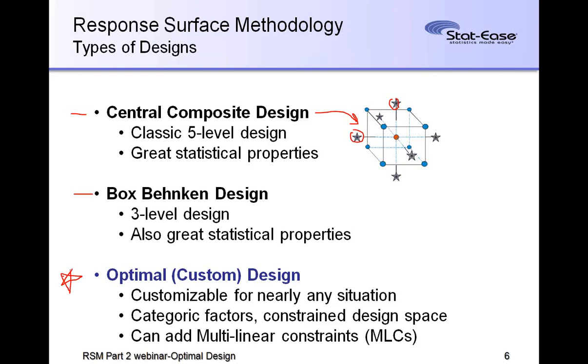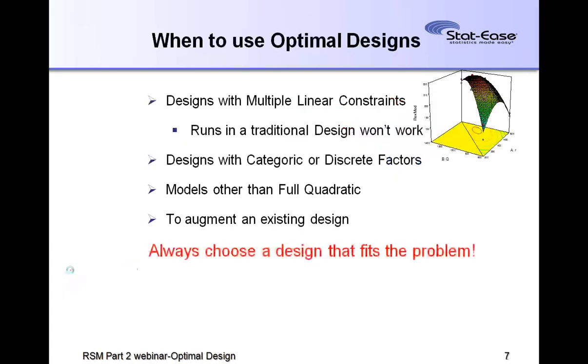You can constrain that design space, as I pointed out earlier, and you can add those constraints, which will cut off the corner design space. You can also use discrete factors. These are just the most flexible design, and when you can't fit those other two designs, this is where you're going to want to go. So this is a really useful design that we find everyone really likes to use, and it's very helpful. So that's what we're going to focus on today.